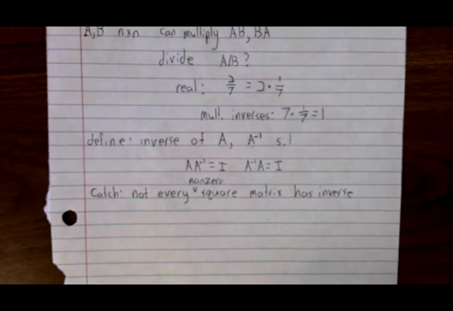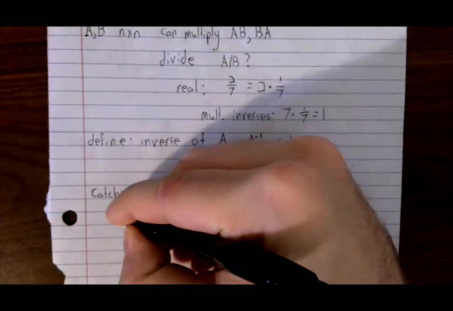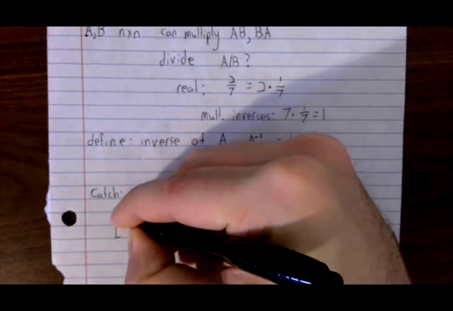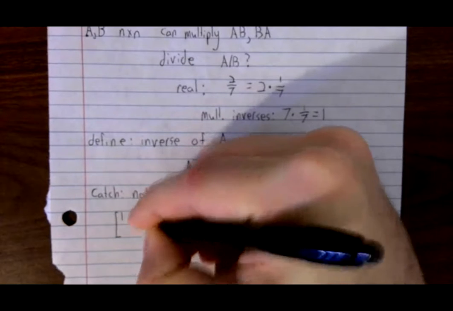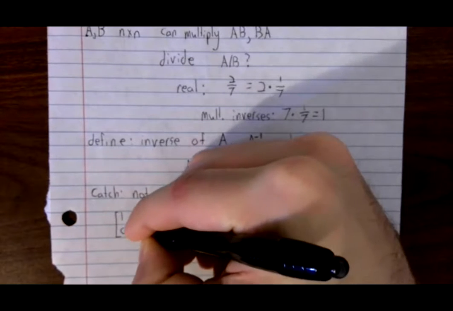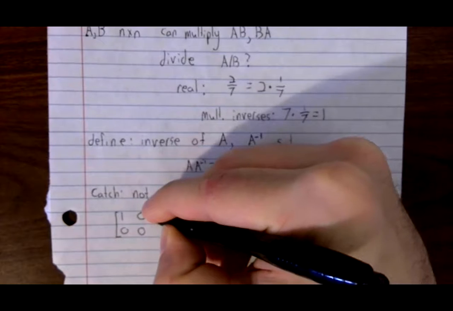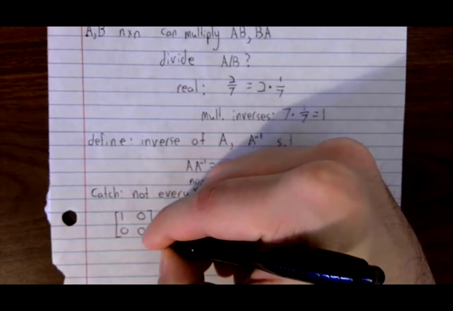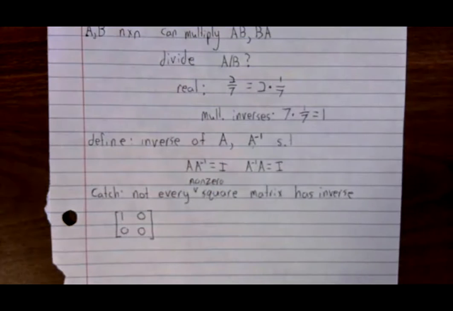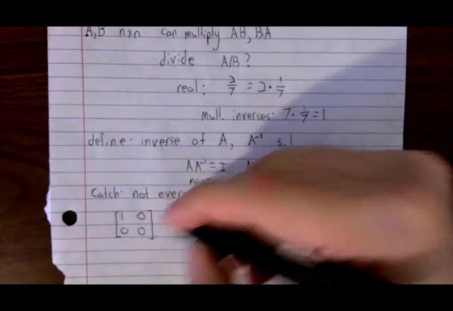For example, take the matrix with a 1 in the upper left corner and 0s everywhere else.